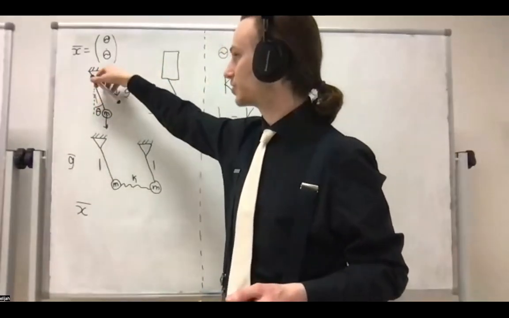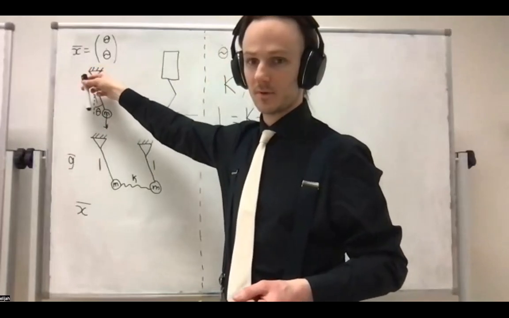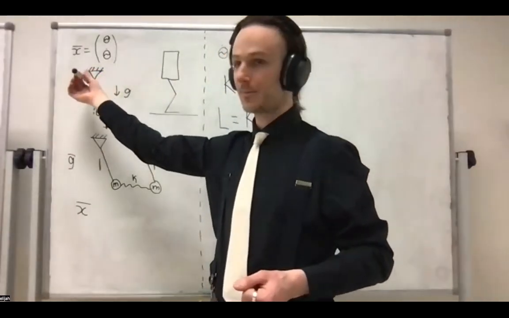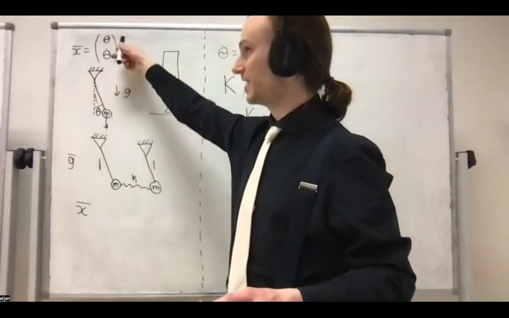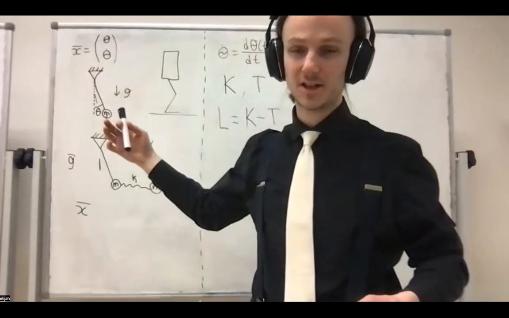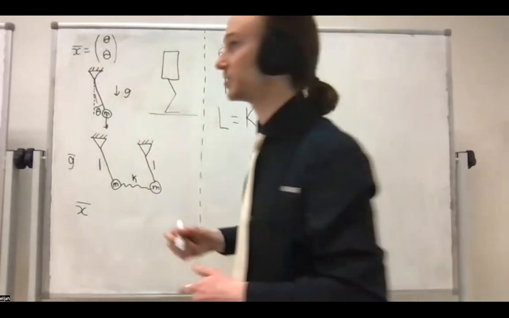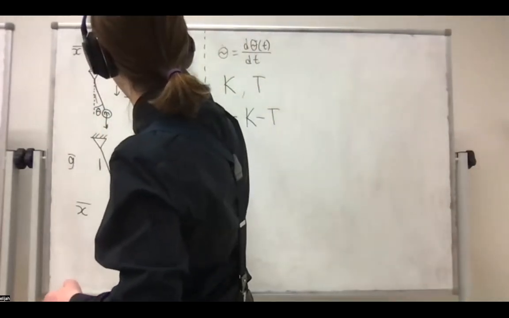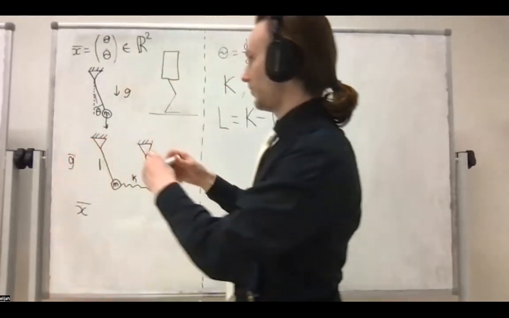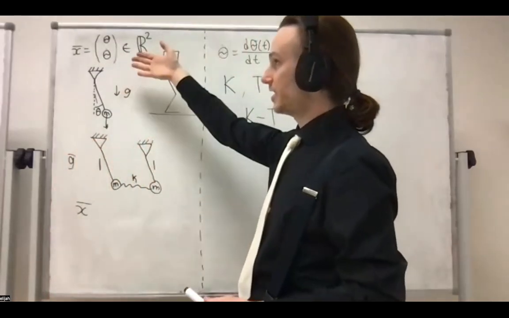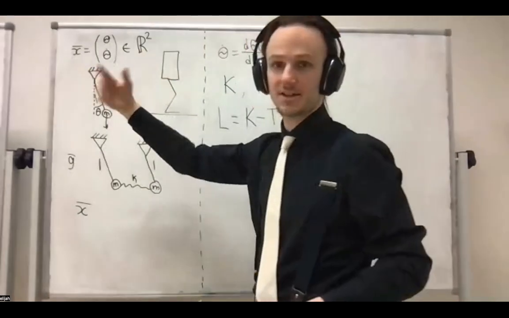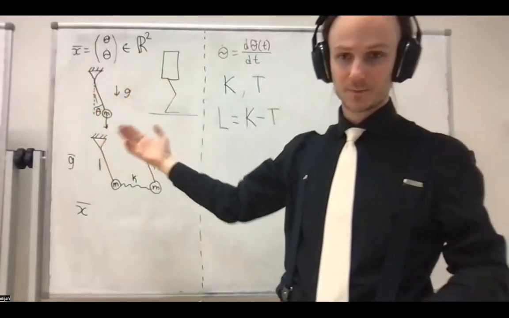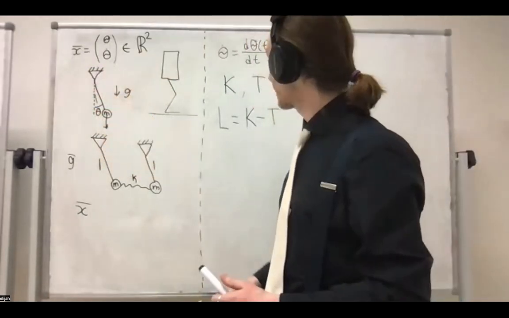This pendulum could swing around this axis. And the state vector is of dimensionality 2 times 1, because we have the coordinate on this axis and the velocity on this axis as well.